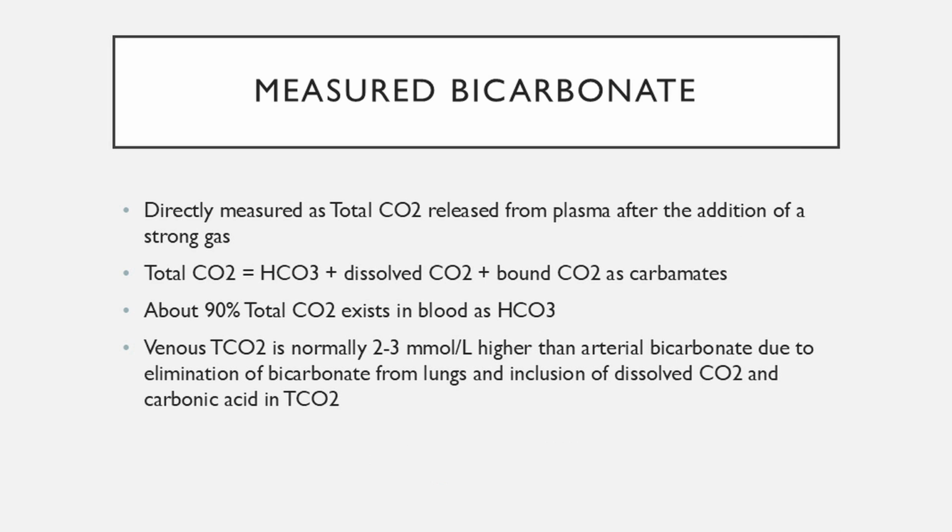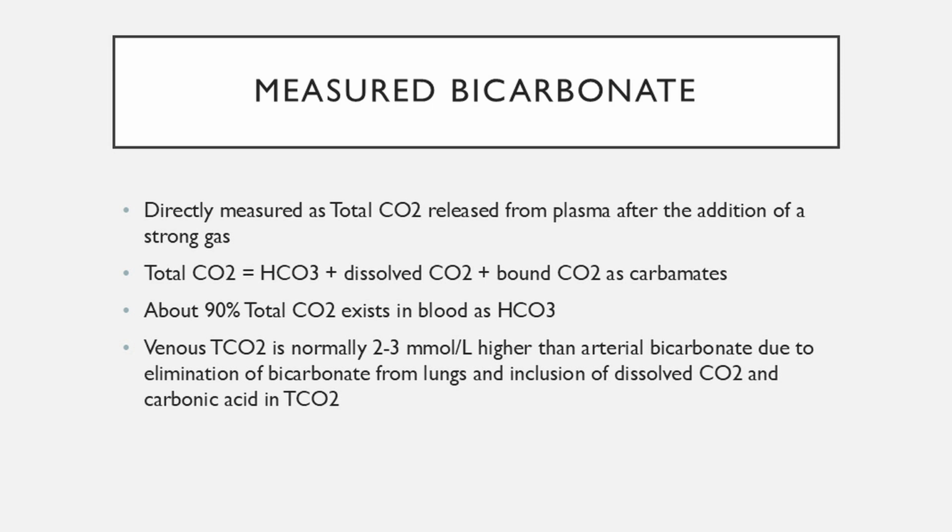Whereas the measured bicarbonate is not actually measured bicarbonate, it's actually total CO2. Strong acid is added to the plasma, and the amount of total CO2 that's released from the plasma is measured.